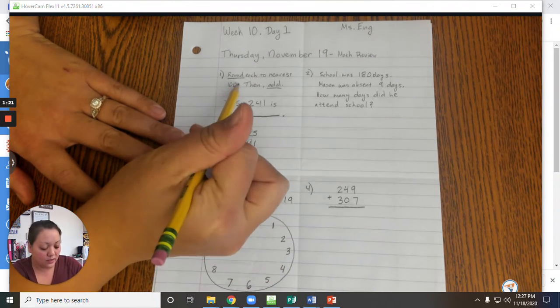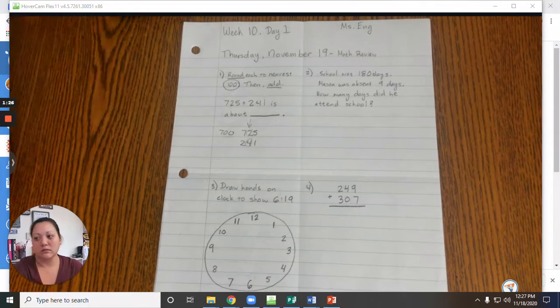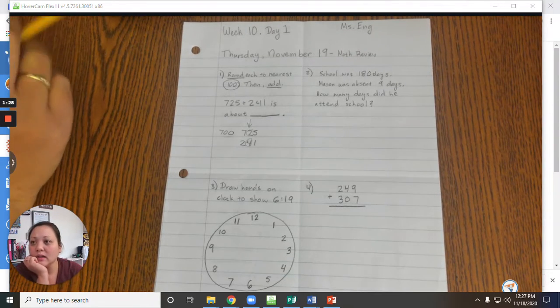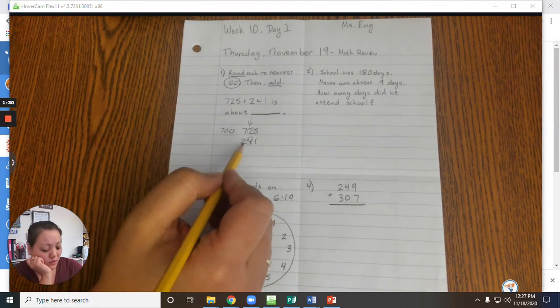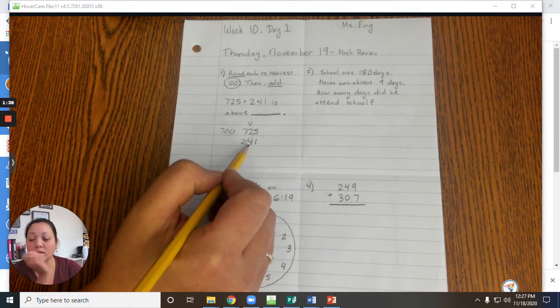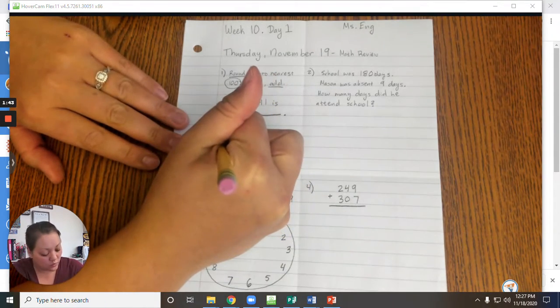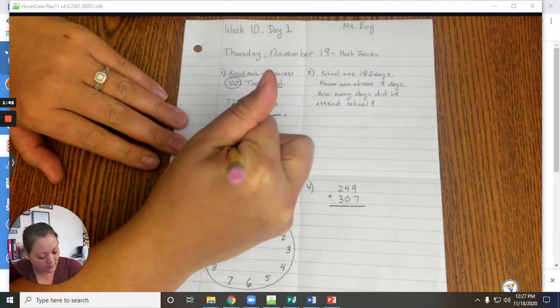Now, if you are rounding to the hundreds, you should have 2 zeros at the end. So that's like a clue in your head that you should be thinking of. And then 241, the 4, in the tens place, is the most important number. And this is 5 and above, give it a shove, 4 and below, leave it alone. So it's 4 and below, so I'm going to leave it alone, meaning I'm going to round down.